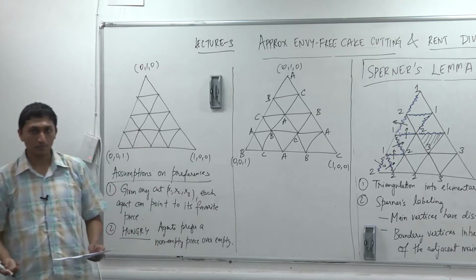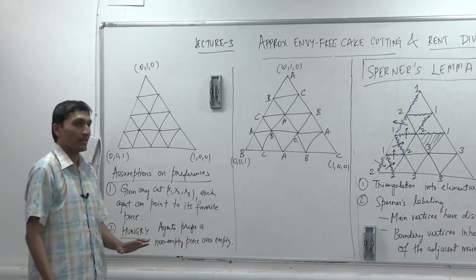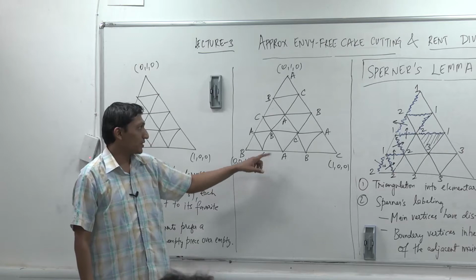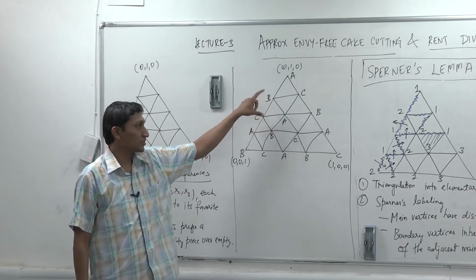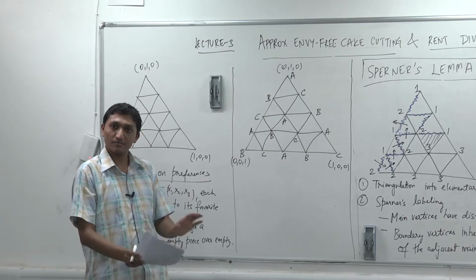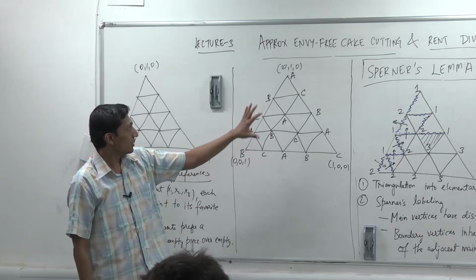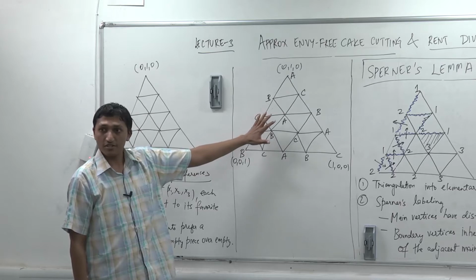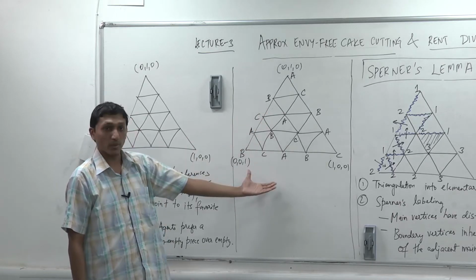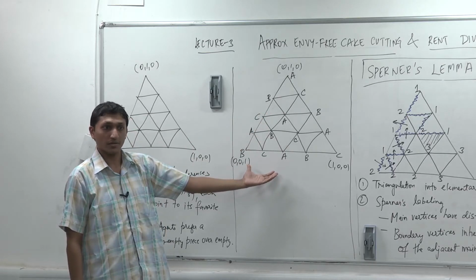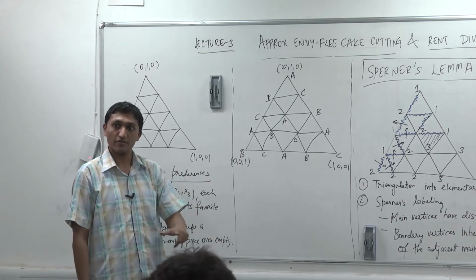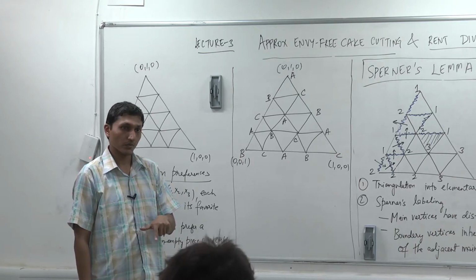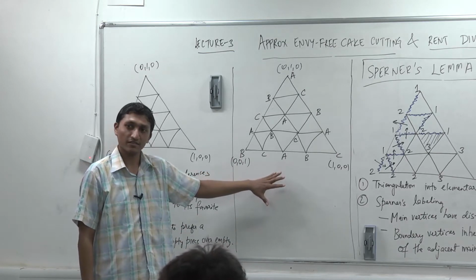I'm deliberately being a little bit coy about giving you an algorithm for finding a way of assigning distinct owners to everything. I'll just say that, trust me, there is one. For now, here's your triangulation, very nice and symmetric, and here's a way to assign owners. If you want details, go ahead and read Sue's paper and the references in that paper, but I don't want to get into those technicalities.